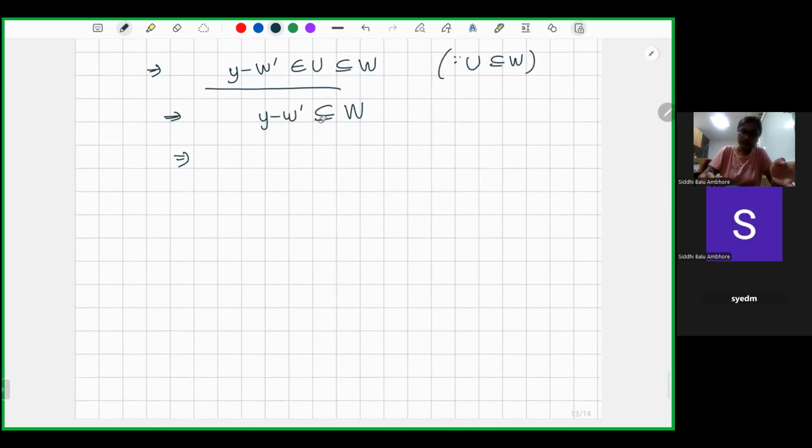So this belongs to W, okay? So this implies that minus W dash belongs to W, right? Because this W dash, which is equal to Y minus W dash minus Y, will belong to W since Y belongs to W. So this implies that minus W dash belongs to W.